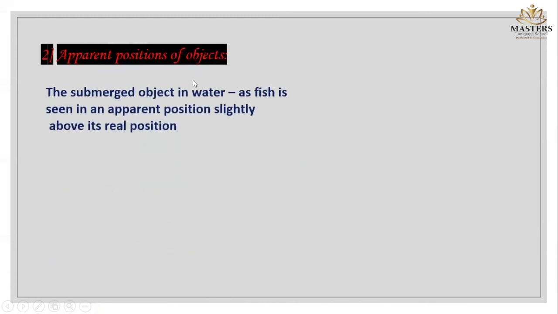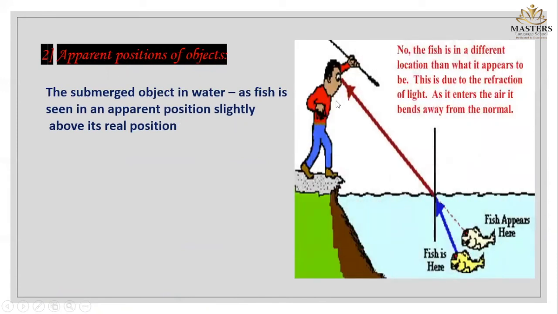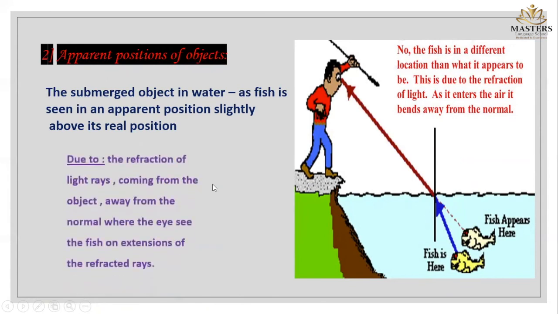Number 2, apparent position of objects. If you want to catch a fish, the light makes a refraction, so you will see the fish in an apparent position slightly above its real position. Why?